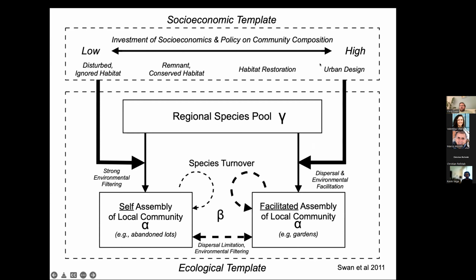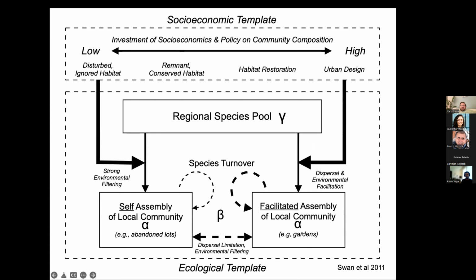And then where you have a strong investment of socioeconomics or policy, you get urban design. And here you get dispersal and environmental facilitation, creating strong beta diversity, or lots of decision making and lots of variability from one location to the next, giving you what I like to call facilitated assembly of local community structure.